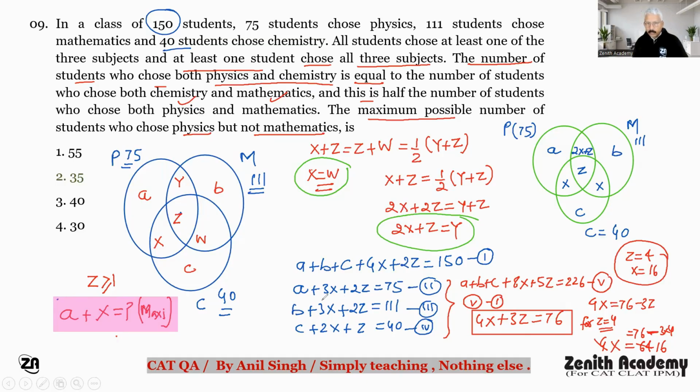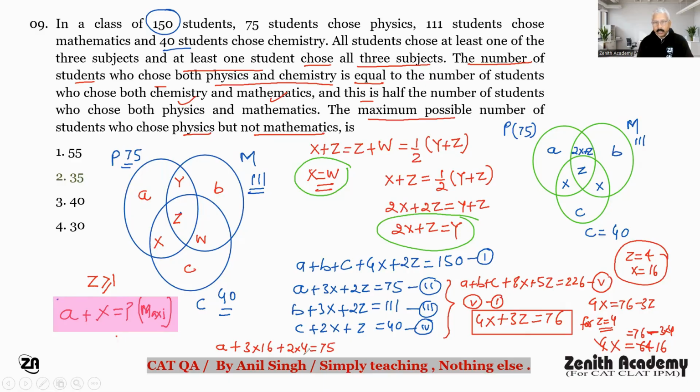If I put the value of x and z in equation number 2, so in equation number 2, a plus 3 into x, in place of x 16, plus 2 into z, z means 4, is equal to 75.